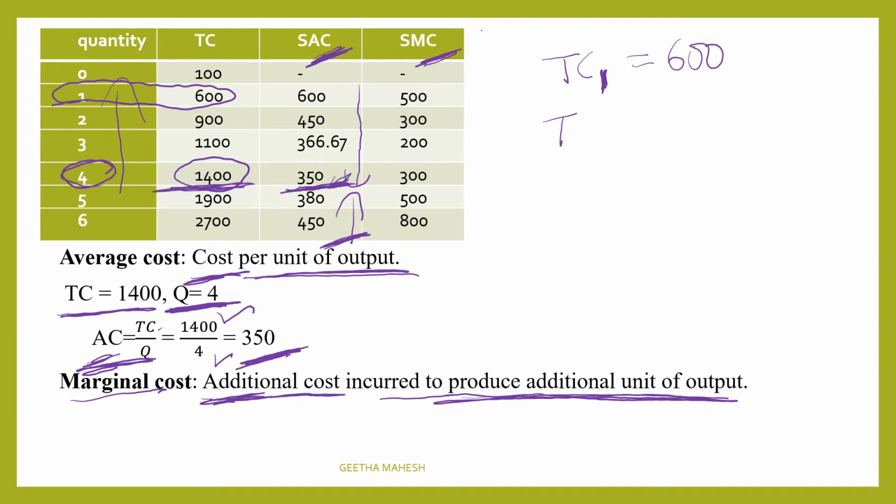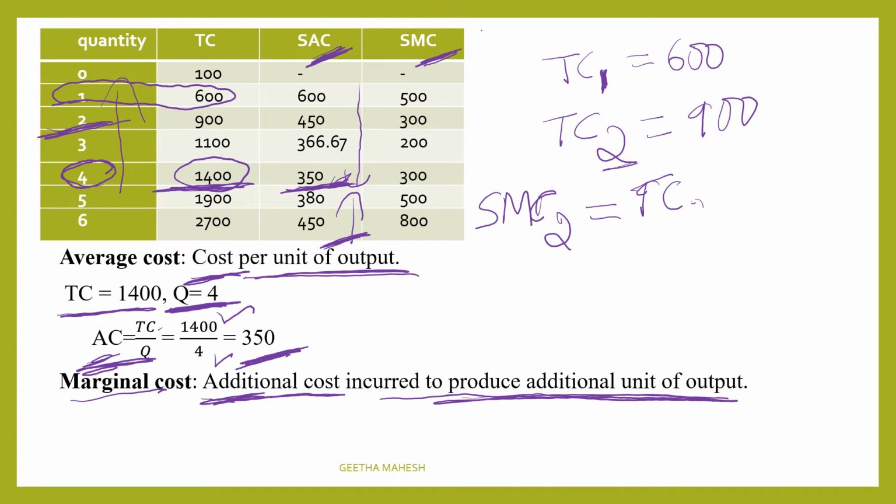And the total cost to produce the second unit is 900. Then how will you find the short run marginal cost for the second unit? It equals the total cost of the second unit minus the total cost of the first unit.